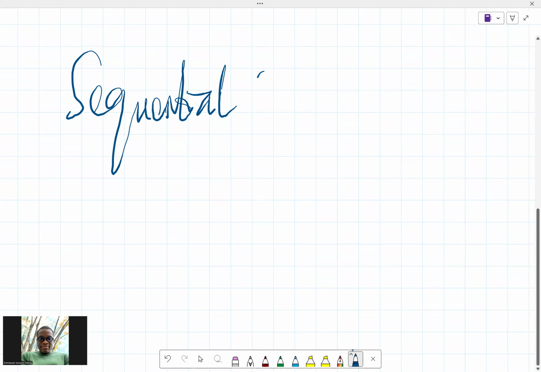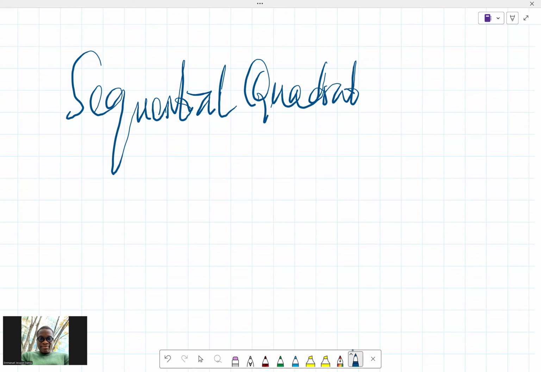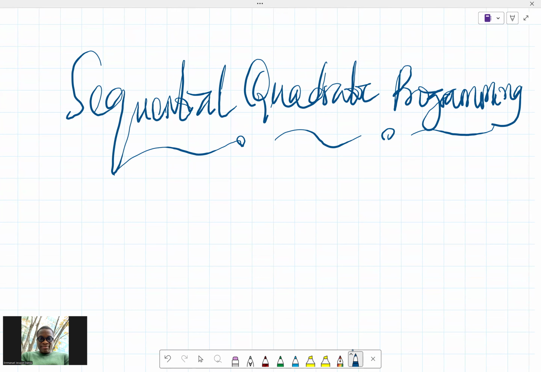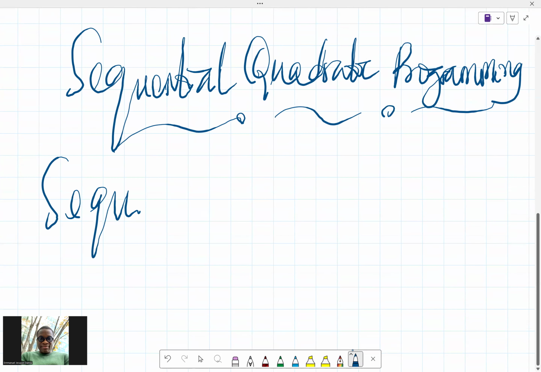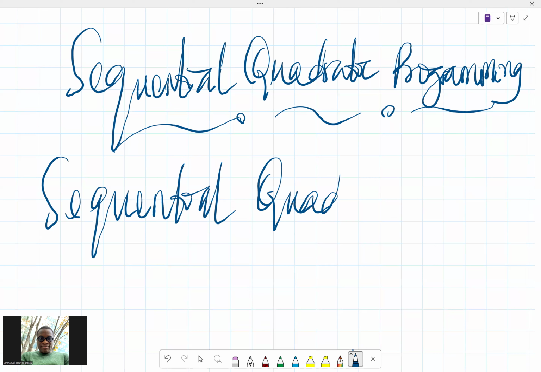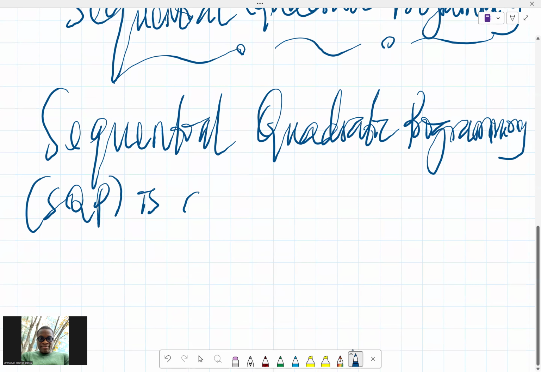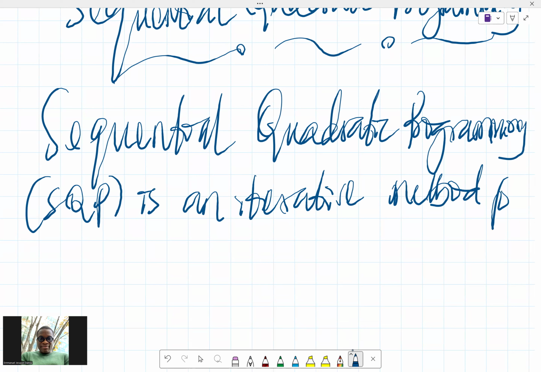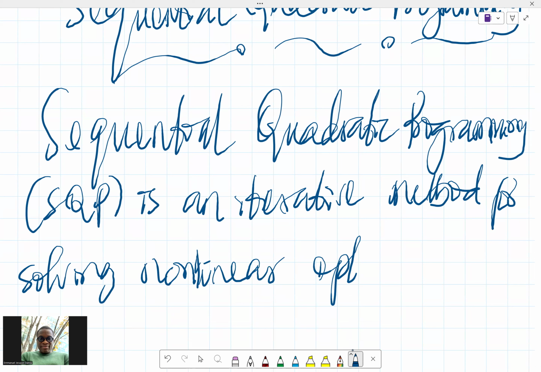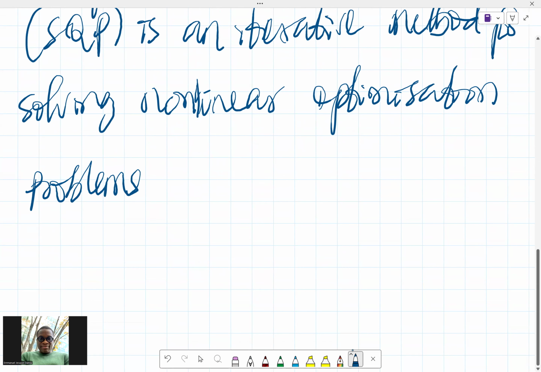Sequential quadratic programming, SQP for short, is an iterative method for solving nonlinear optimization problems.